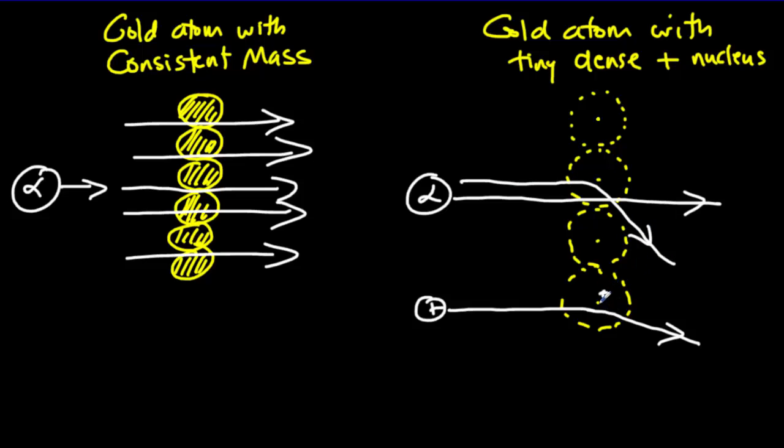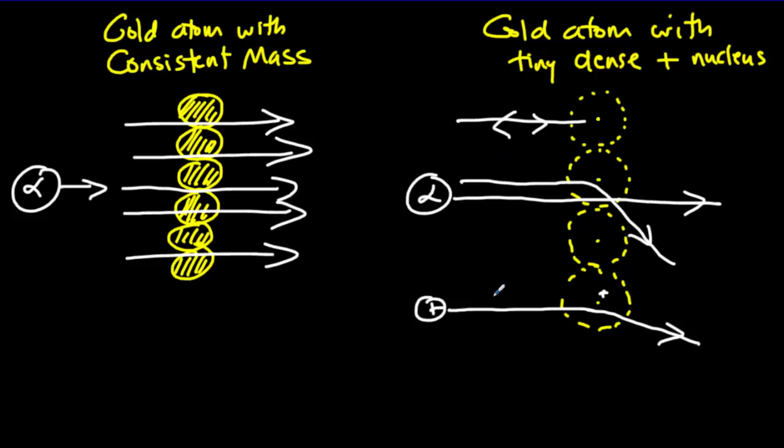And there'd even be a possibility of an alpha particle hitting straight on to that nucleus. And remember, the nucleus is 50 times more massive than the alpha particle. So it's going to stay fixed and the alpha particle will bounce back. So you've even got a possibility that the alpha particles would come in and bounce straight back.